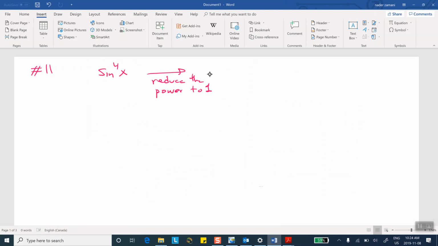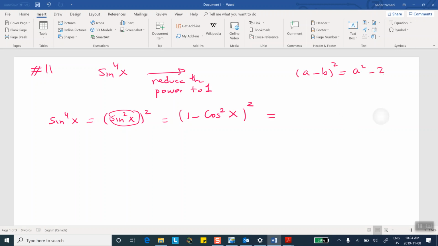So what I'm going to do is sine to the 4th x. I'm going to write it as sine squared x to the power 2. And inside of this, right here, I'm going to write 1 minus cosine squared x, to the power 2. Now this, you can either FOIL it or use the identity that you were supposed to have memorized all these years, a minus b squared equals a squared minus 2ab plus b squared.